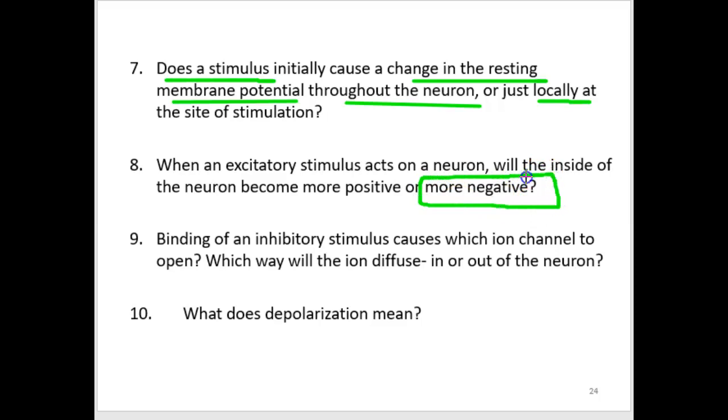And the answer is more negative. And then here, number 9, binding on of an inhibitory stimulus would cause what ion channel to open? And that's chloride, because it's inhibitory, and that's the only ion that we're ever going to see that's inhibitory. And it'll diffuse into the neuron.